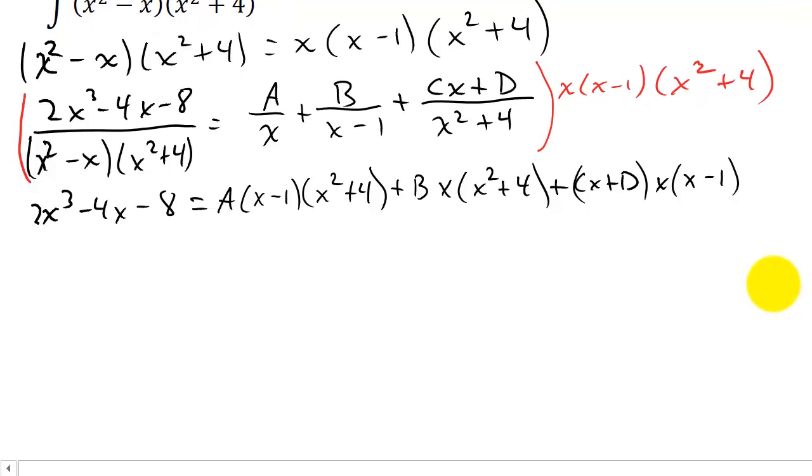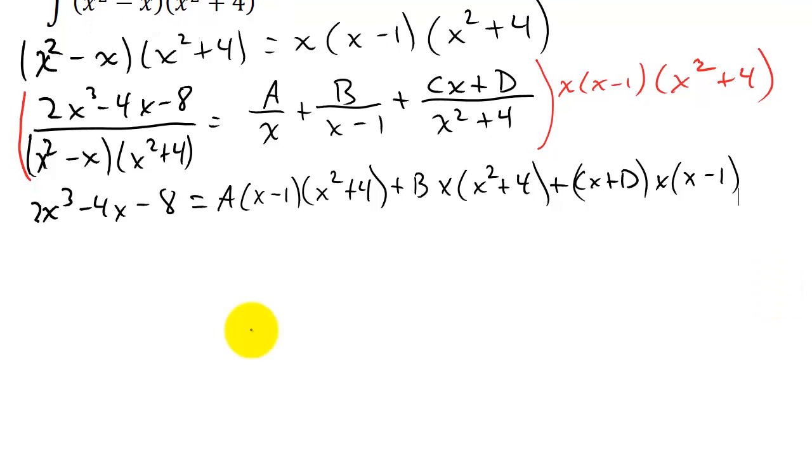Alright, so the first thing I'm going to do, I'm going to just let x equal 0. And what that'll do is get rid of this and this, and I'll be able to solve for a.